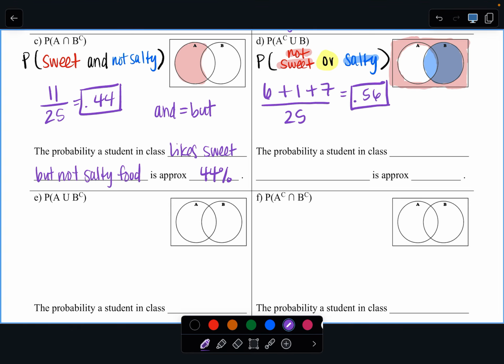So the probability a student in class does not like sweet food or like salty is approximately 56%.